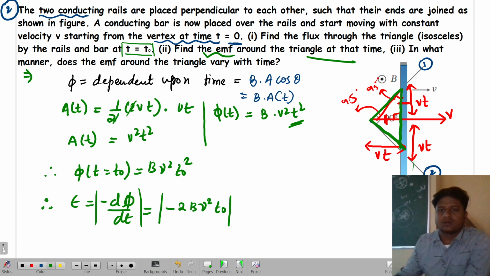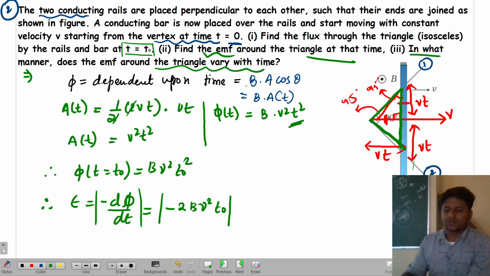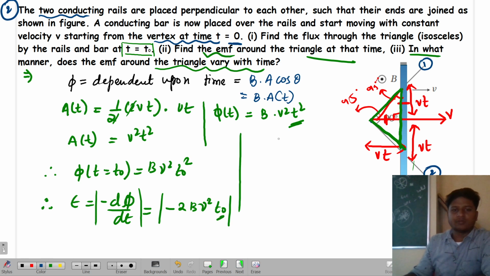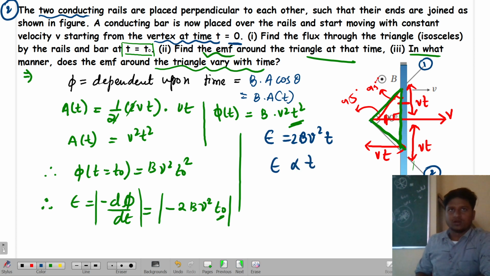Wait. In what manner does the EMF around the triangle vary with time? Can you tell me? What is it saying? If you just do not put t equal to t naught, the EMF formula will be minus or plus 2 v square into t, or not? Tell me yes or no. Can we say that the EMF is directly proportional to time or not?